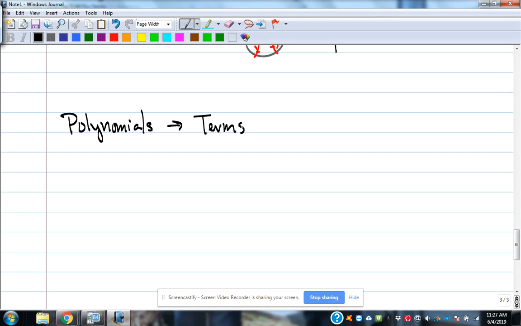When I talk about a polynomial and its terms, those are the things that are added or subtracted. They're the pieces, the pieces that are separated with the plus and the minus signs. Okay, that's what the terms are. So if I ask you how many terms does this polynomial have, count how many pieces are separated by addition and subtraction. That's one of the things that we'll look at in this section.